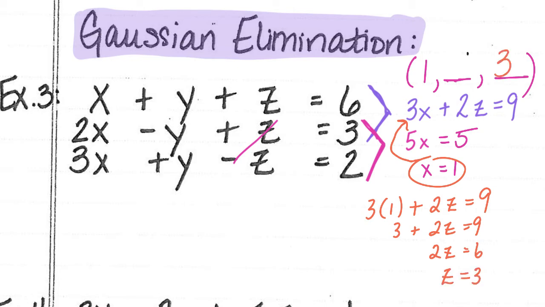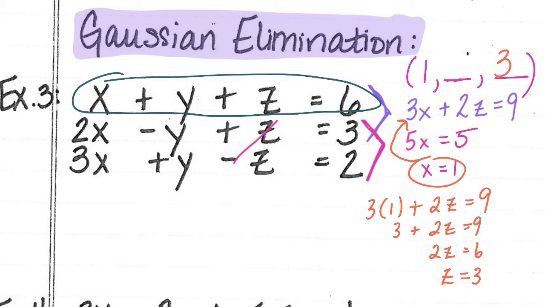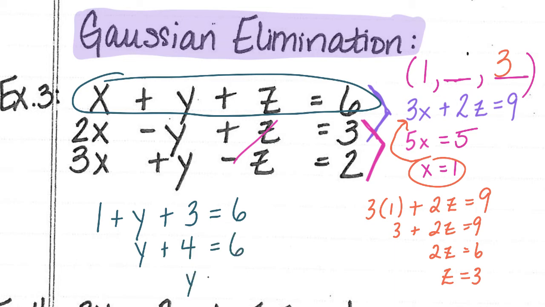Don't forget to put it in the right spot. And now I could just choose one of these, and I could put in all my numbers that I have. I have 1 plus y plus 3 equals 6. y plus 4 gives me 6, so y has to equal 2.